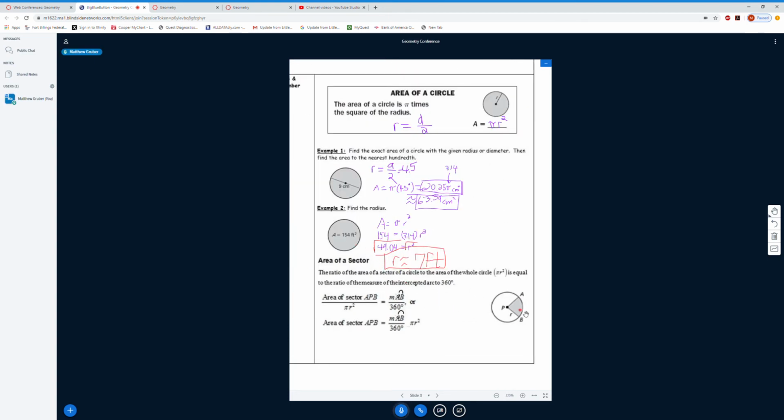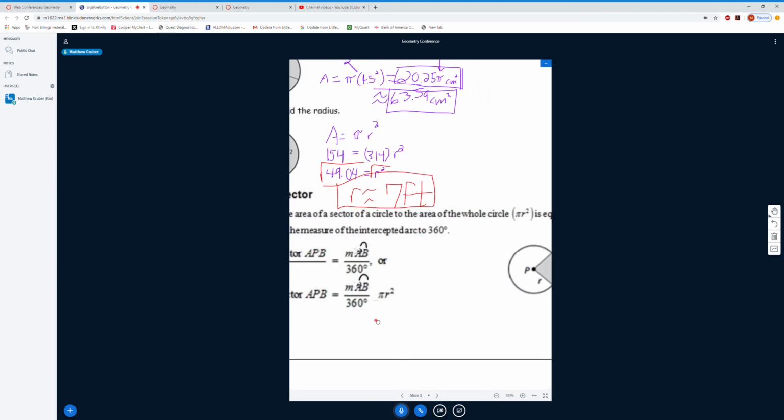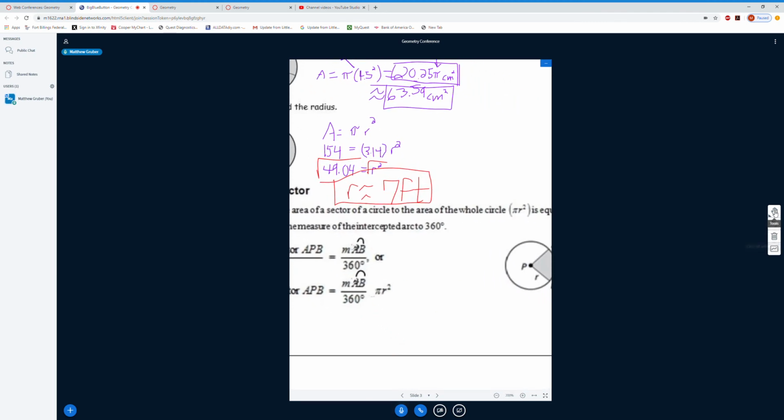The area of a sector is found with a very similar formula to the arc length. It's still angle measure of the arc over 360, but instead of times the circumference, it's times the area.